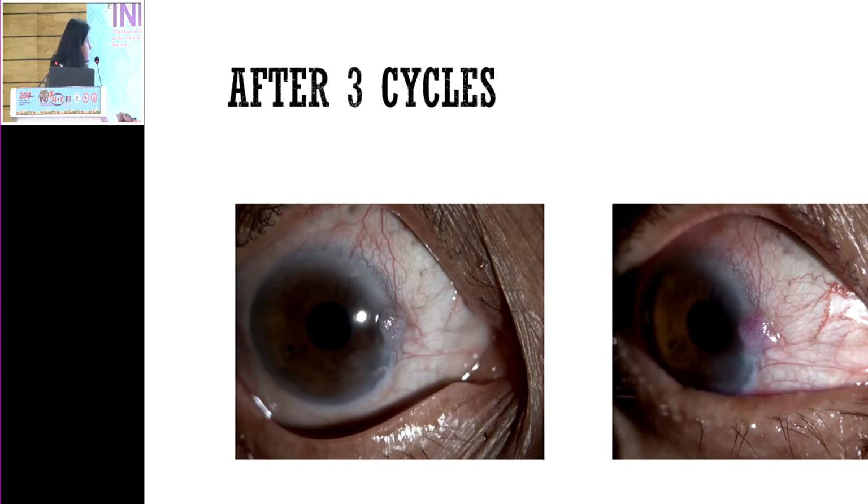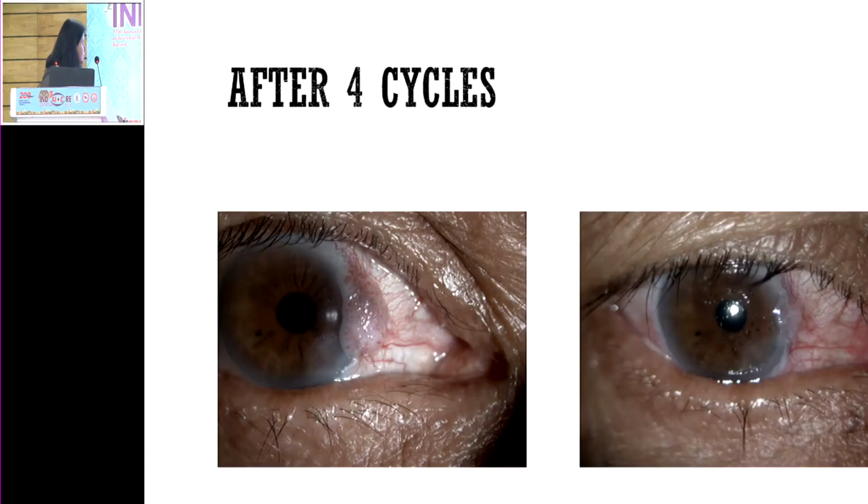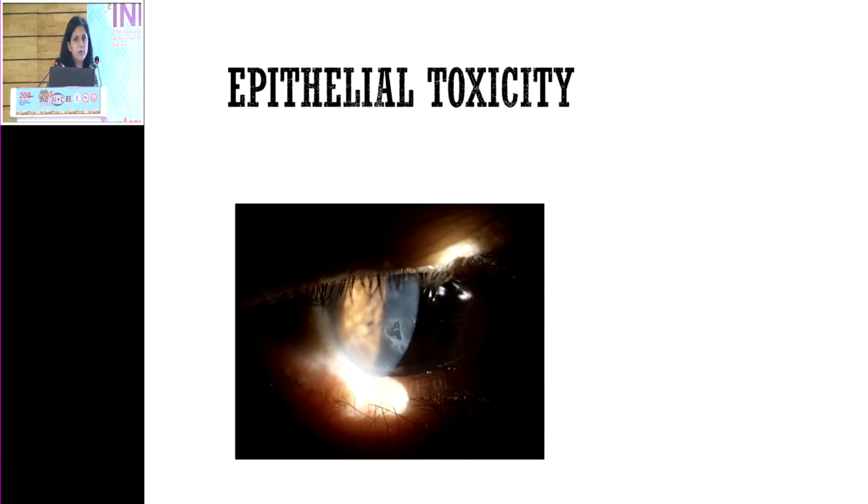This is the reduction after 3 cycles, still the staining is present. After 4 cycles, dramatic improvement. However, as we continued with the therapy, the patient developed what we feared, the epithelial toxicity because of MMC.